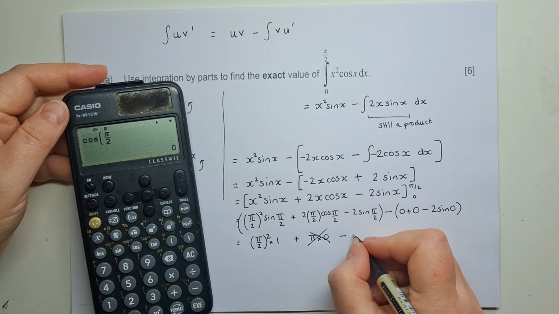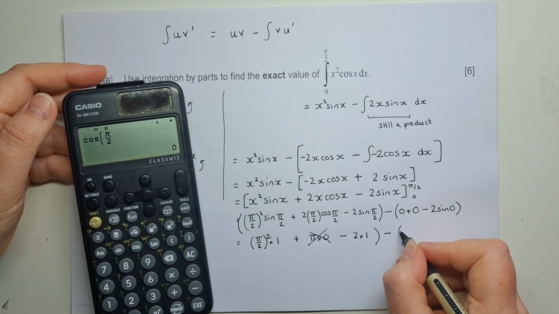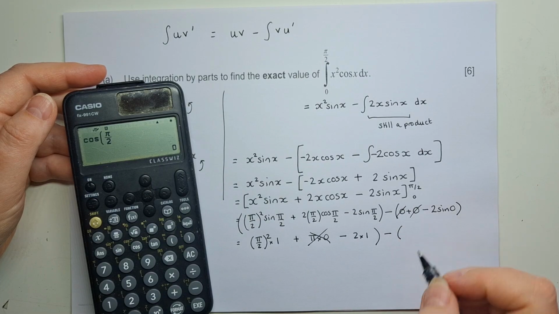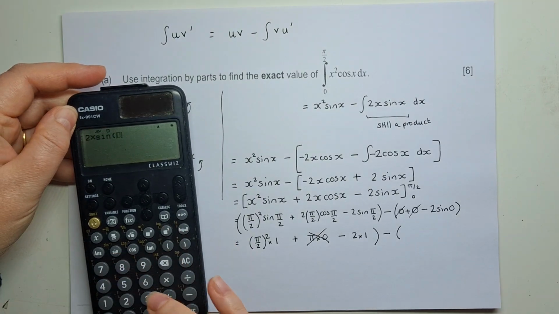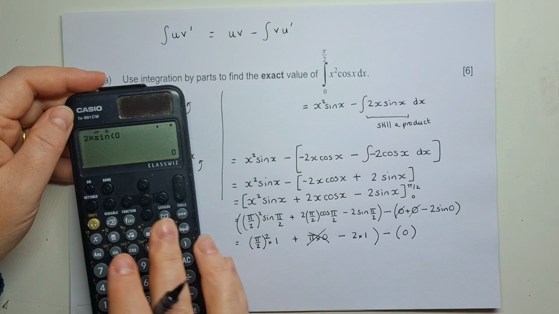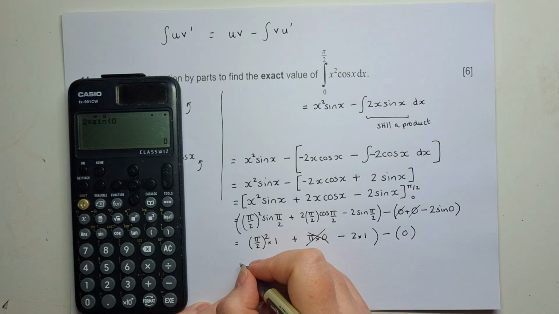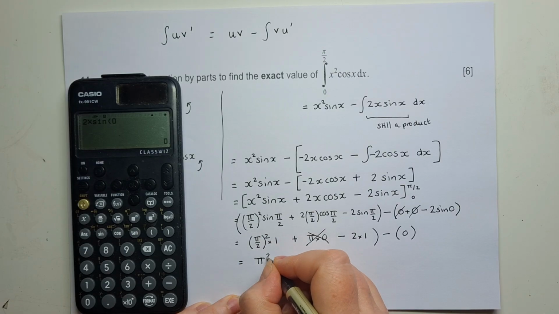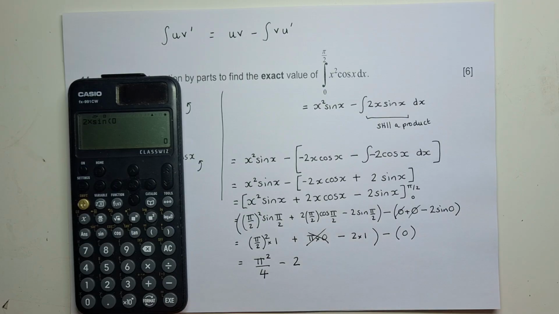Sine of pi by 2 was a 1. And then down here, that disappears, and 2 lots of sine 0 is also 0. Okay. Right, nearly there. The exact value will be, now I'll square this because I think it's probably nicer to write it as pi squared over 4, take away 2, and that's it.